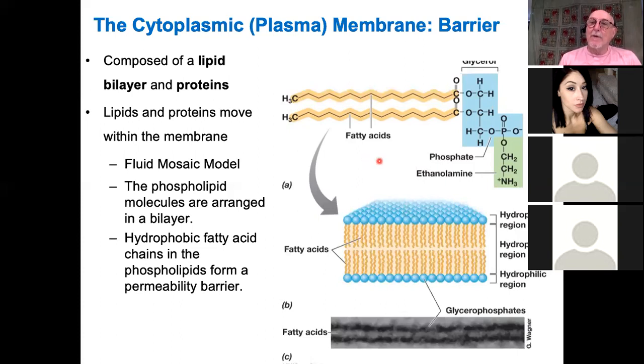If this is surrounded by water, there's water out here and there's water here. Here's how these molecules organize themselves with the hydrophilic heads dissolved in the water on either side, and with the hydrophobic tails all pointing inwards like this.